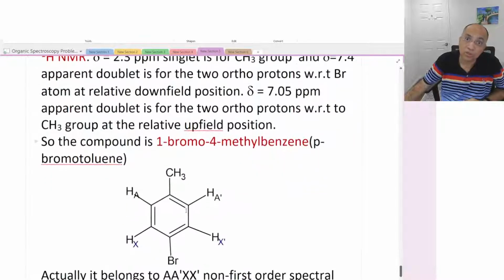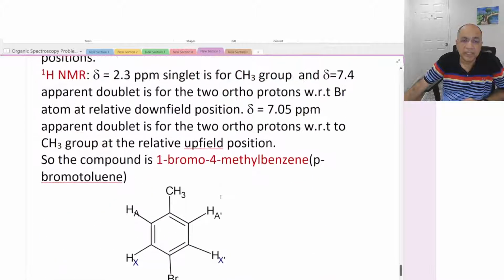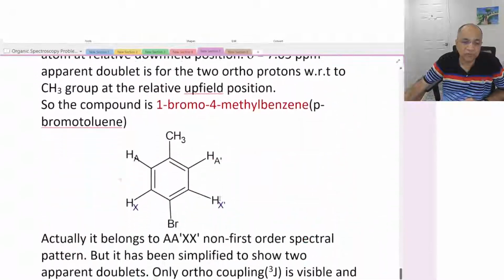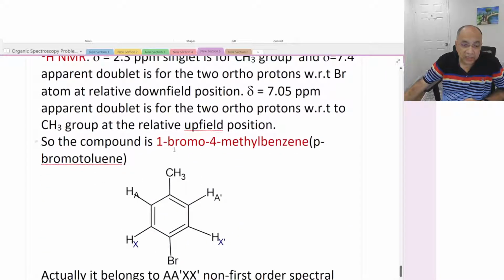It could be due to the loss of bromine, but the further loss of acetylene to give you an m/e 65 peak, a 5-membered ring, is not a stable course, it is anti-aromatic. Even then, this 65 peak is indicative of the presence of the tropylium ion, because with the loss of only bromine, it is very hard to understand how acetylene will be removed and we get a 4-membered ring. 4-membered rings are very unstable.